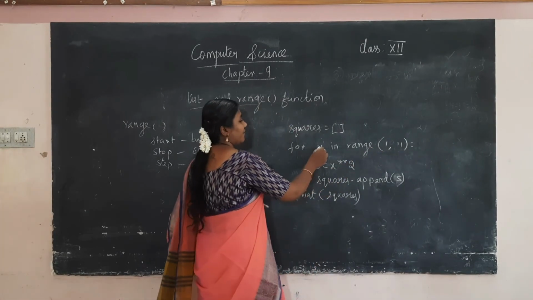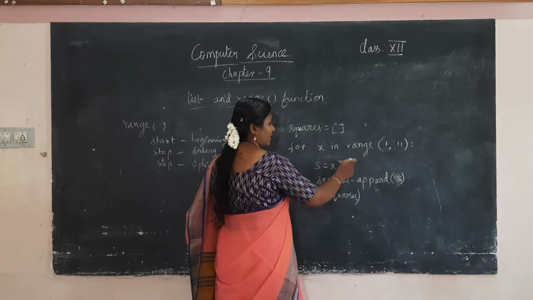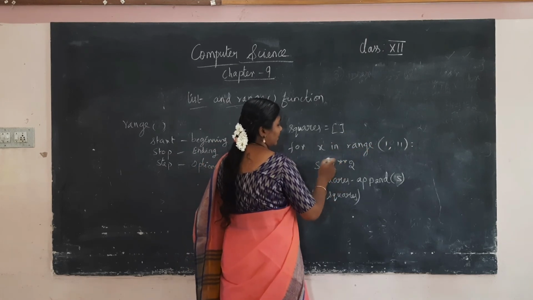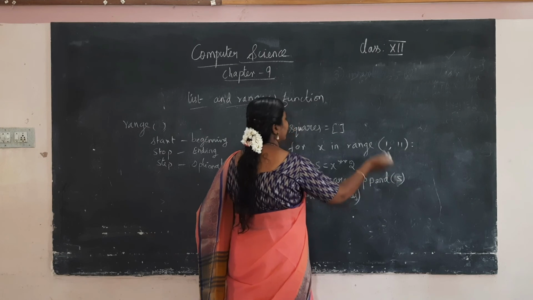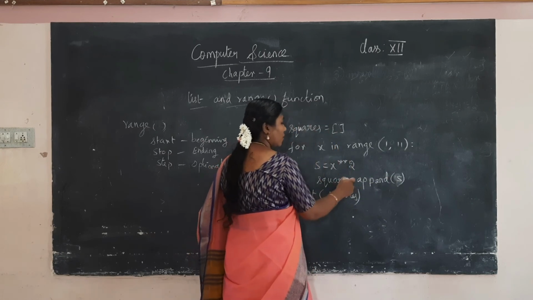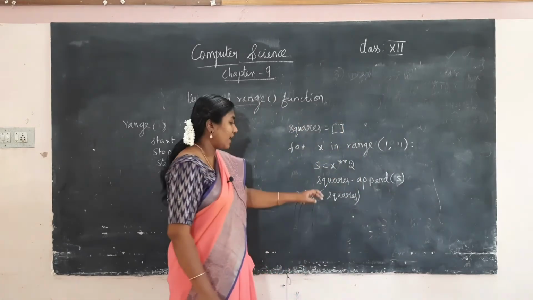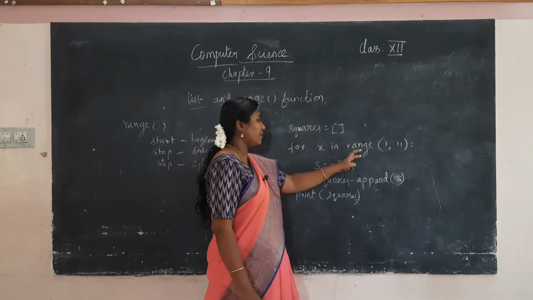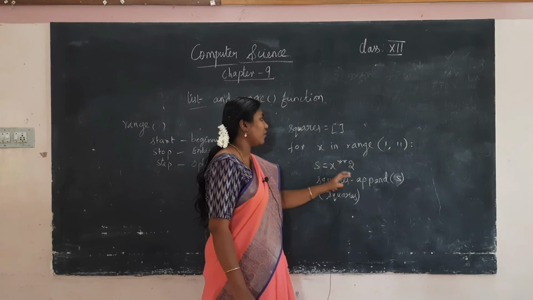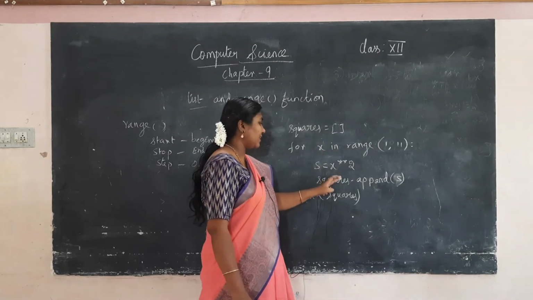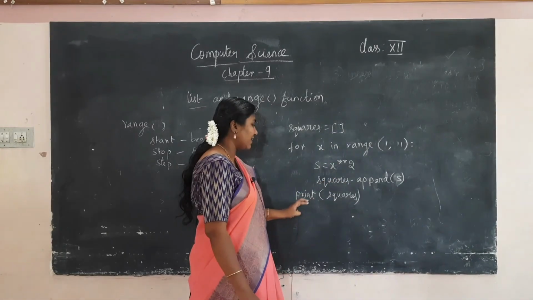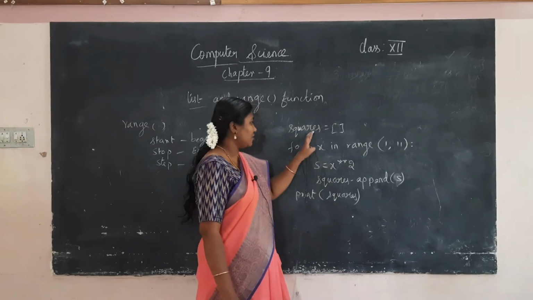So first for x is equal to 1, it will find 1 square. Then that 1 square value will be appended to squares. Squares dot append which value? The s value. Next x will be 2 and then 2 square will be appended to the list, and then 3 and then 4 like that. At last I have asked to print the squares list.